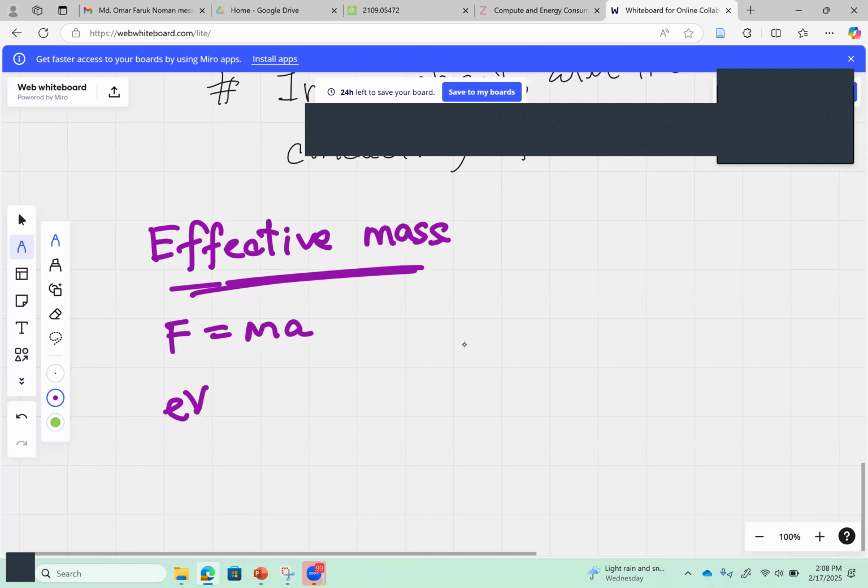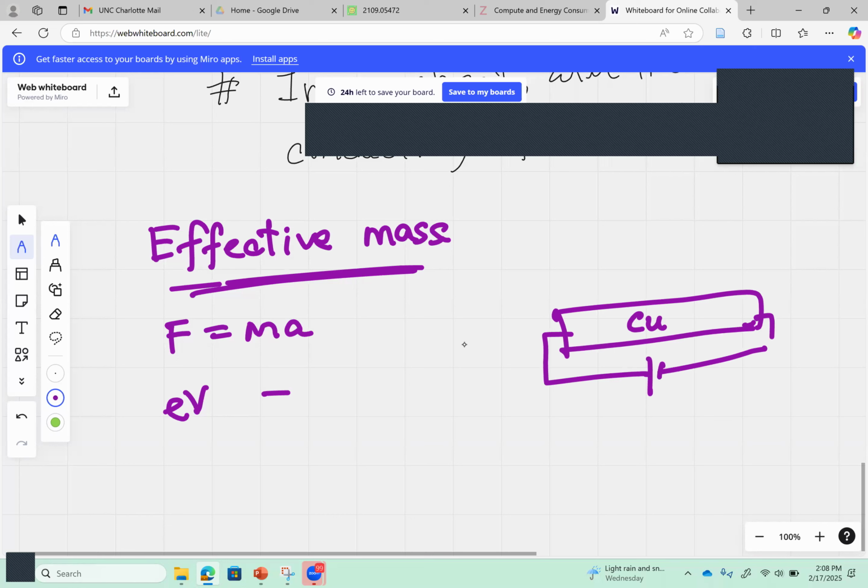Okay. So let's say I take a material, let's say copper, and I apply a bias voltage, let's say 1 volt. Let us say that this copper wire is 10 millimeters long. So what is the force here?